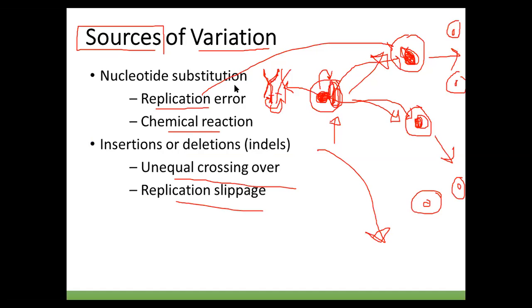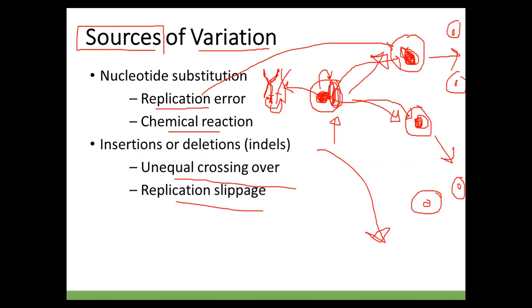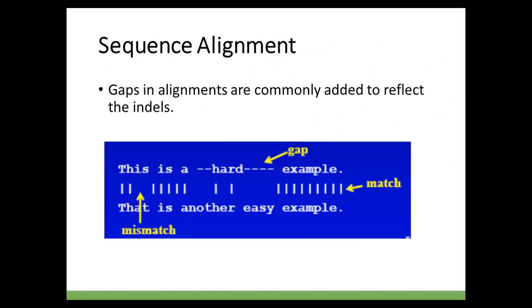Up to now we have talked about what kinds of variations you can see in the sequences and the sources of those variations. Now we are going to look at real sequence alignment. What is that, and what things do you need to know about alignments before moving into sequence alignment algorithms?